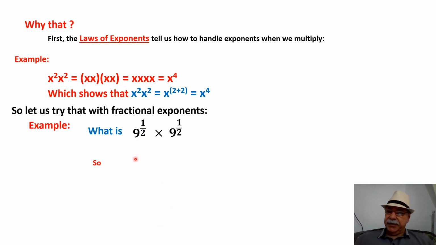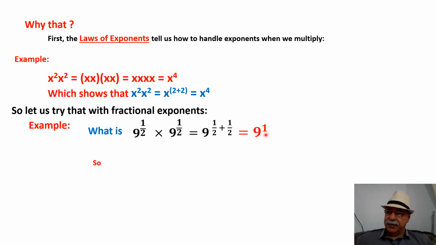He said here 9 to the power half times 9 to the power half. The base is the same number, that's why I add half plus half, I add the power, depending on the law of the index. Half plus half is 1, that's why it equals 9 to the power 1.